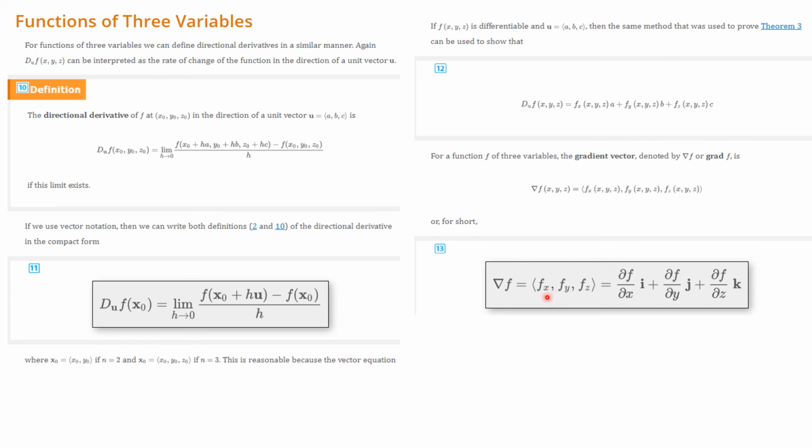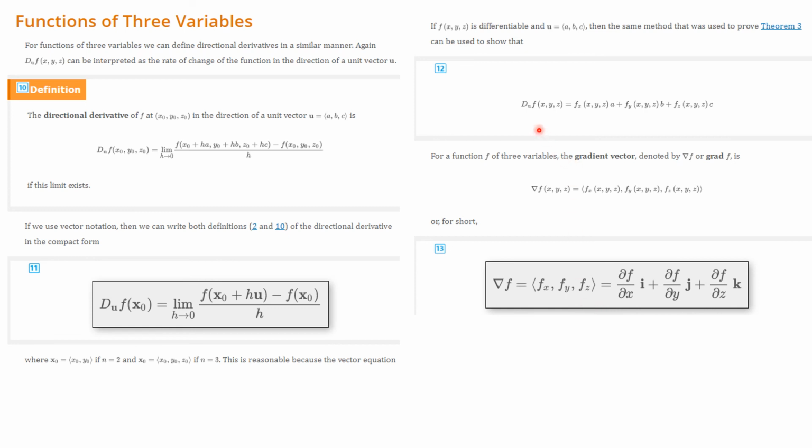And if we expand the definition of the gradient to be in three directions, you see the gradient of f here is pointy bracket, partial with respect to x, partial with respect to y, and partial with respect to z. And notice that this is in four-dimensional space because x, y, and z are all independent variables. So this is my definition of the gradient in three dimensions, and you could even do this in higher dimensions.